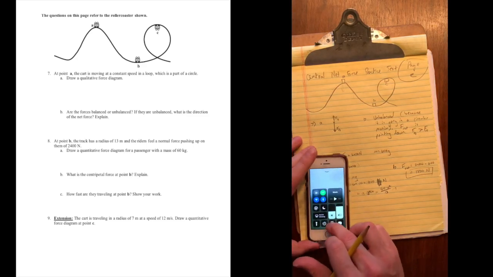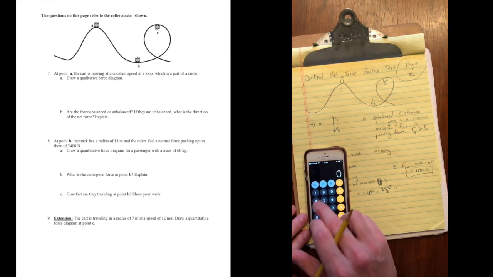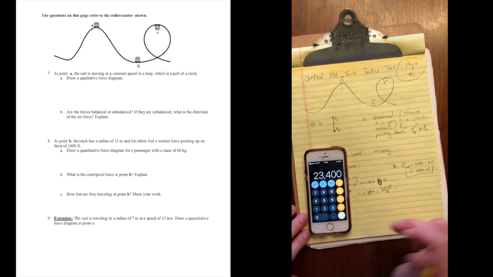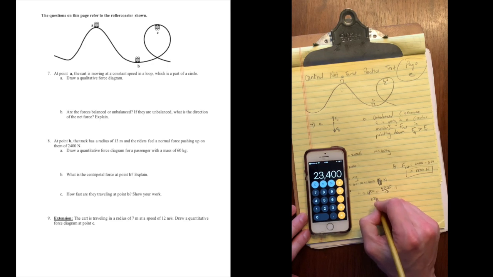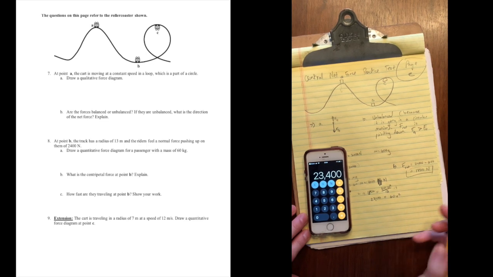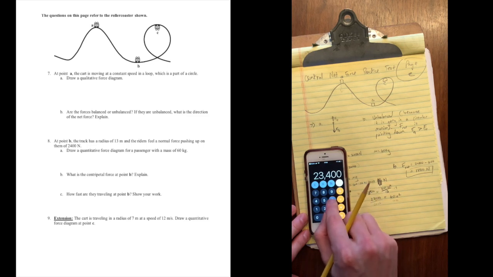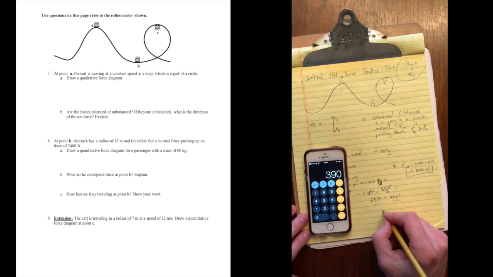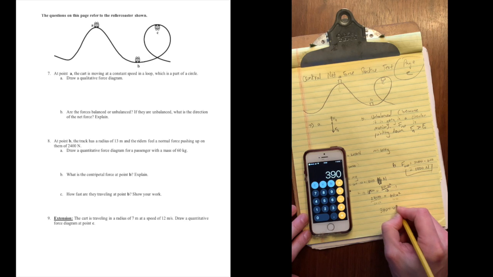So to solve that, I just have to multiply by 13 on both sides, which I can't do in my head. So we're going to use the calculator. So 1,800 times 13 is 23,400. And then I have to divide both sides by 60. 390 equals v squared.